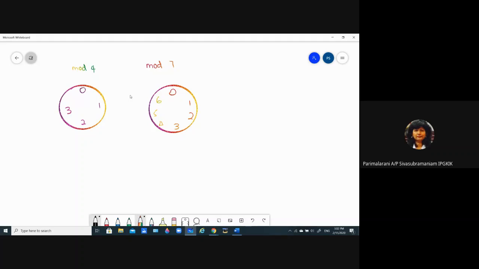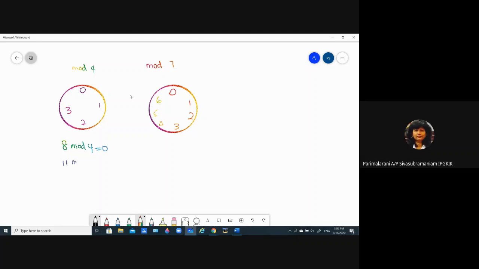So what is 8 mod 4? From here, 8 mod 4 is 1, 2, 3, 4, 5, 6, 7, 8. So 8 mod 4 is equal to 0.